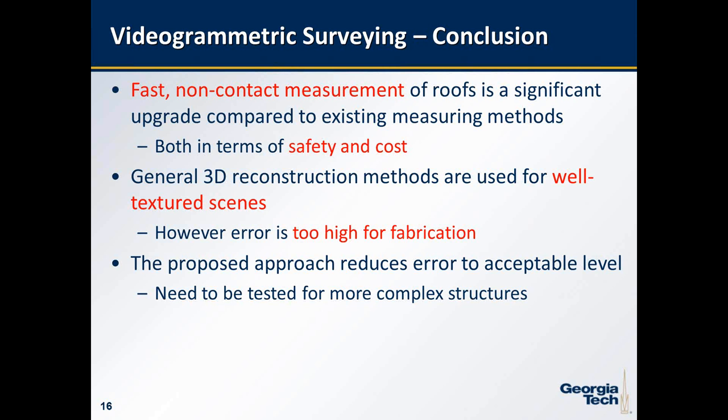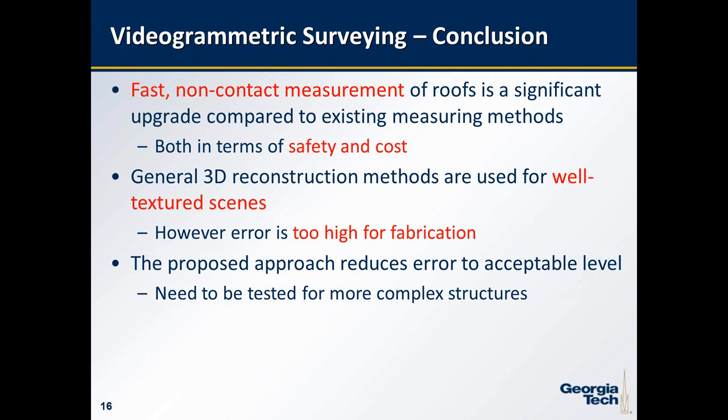It is a very safe practice for employees, with no safety hazards, and it's also very cost effective because most of the cost is in software, and there is only a little cost involved in hardware.